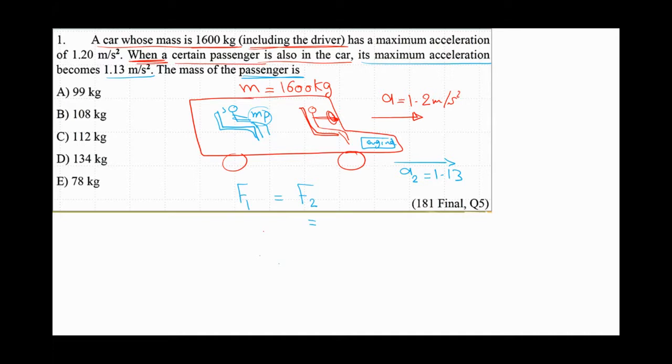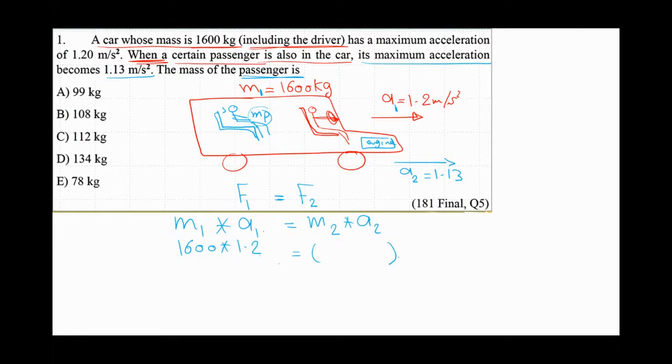So the force here is constant, and I know that the force equals mass times acceleration. In the first case, it's mass times acceleration, let me call it m1 and a1. And in the second case, m2 times a2. So the first mass is 1600 times the first acceleration, 1.2.